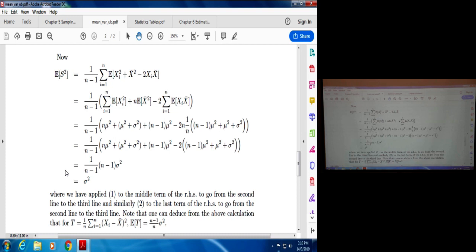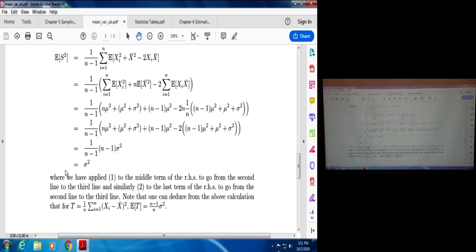Basically you get this expression at the end, and if you do a little bit of algebra and remove my mistake, you'll get that this term is equal to n minus 1 sigma squared times 1 over n minus 1, which is equal to sigma squared. So the expected value of s squared is exactly sigma squared. And the key point is, in this calculation, the factor 1 over n minus 1 has effectively been removed.